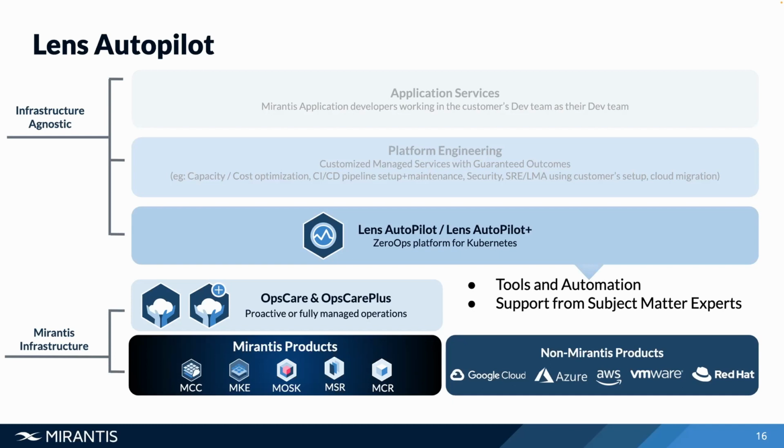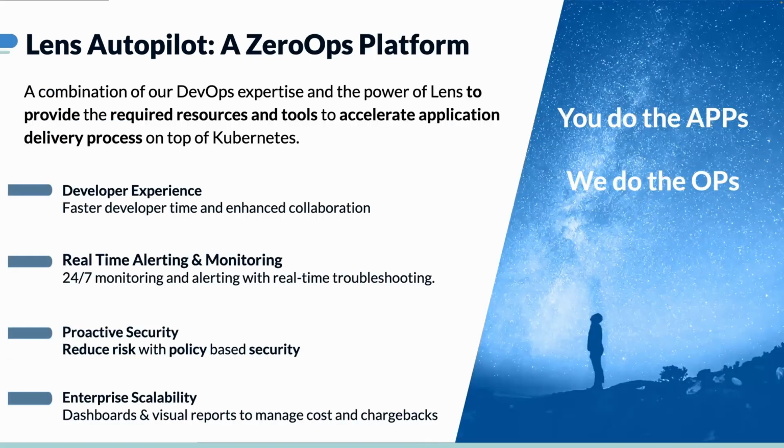In this case, we can also start to look at how we are going to do CD, continuous deployment, on these toolings, right? On the tooling that is attached to Kubernetes, not only for applications, but for these toolings also. So this is what in Mirantis we call Lens Autopilot. This is something that relies on Lens. And what is Lens Autopilot? Lens Autopilot is a combination of tools and expertise.